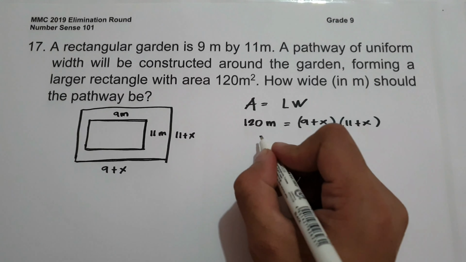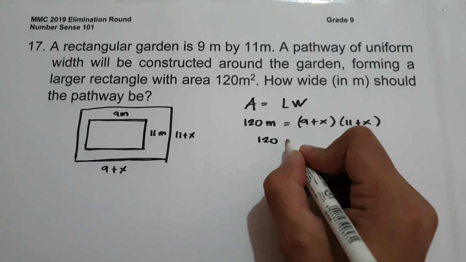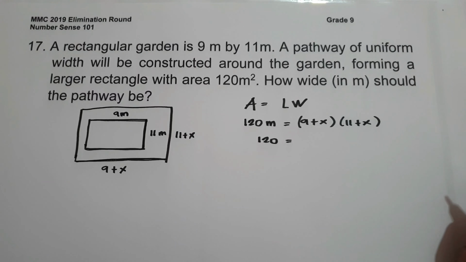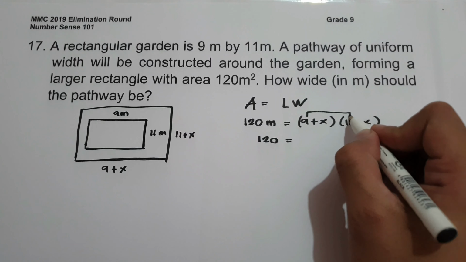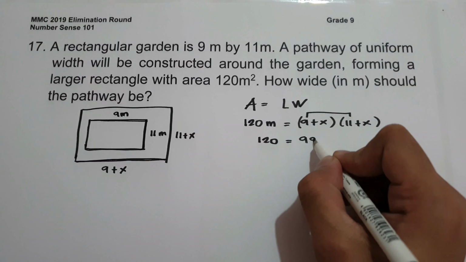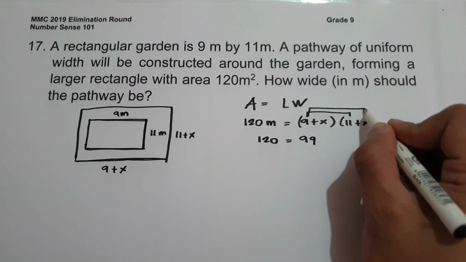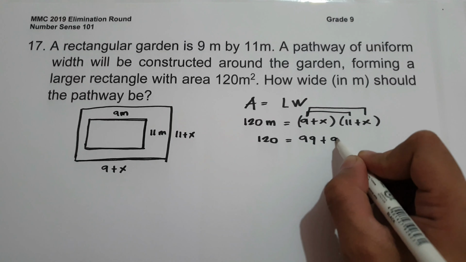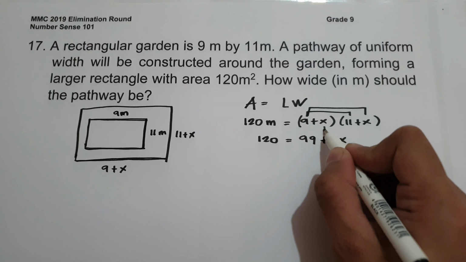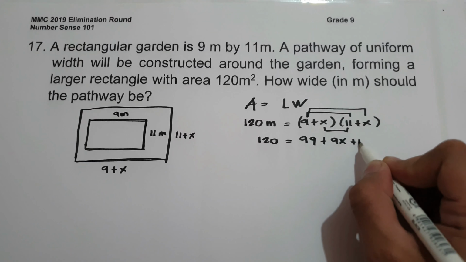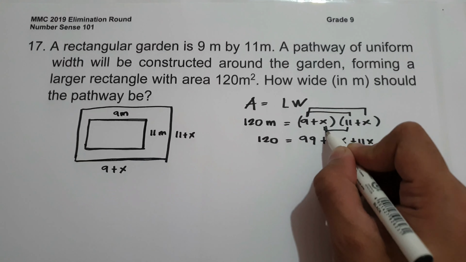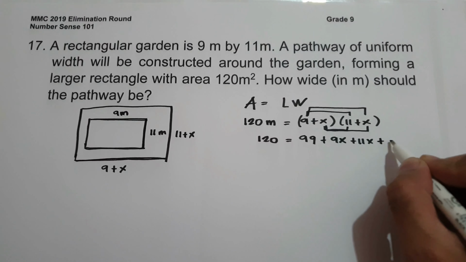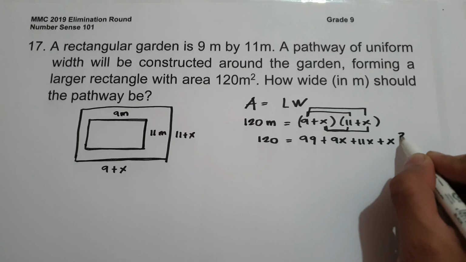To simplify, let us use the FOIL method: 9 multiplied by 11, that is 99, and then 9 multiplied by x, that is 9x, and then x multiplied by 11, that is 11x, and then x multiplied by itself, that is x squared.